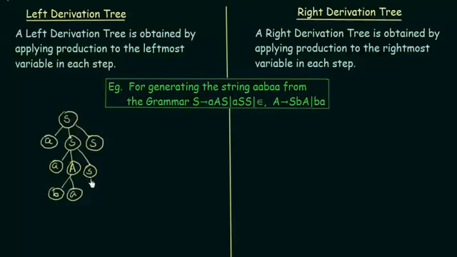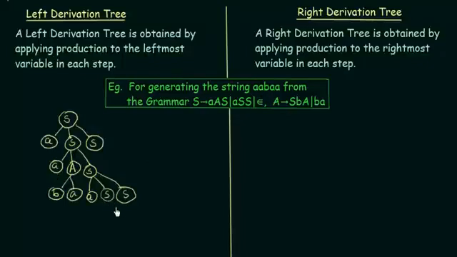So this S will give me A, S and S. Okay, this is an A. Now we are done with this, and I already got the string that I needed, A, B, A.